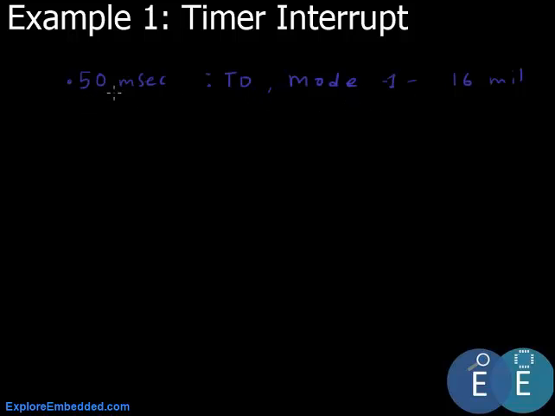In order to use a timer, we need to configure the TMOD register, and for timer 0 mode 1, it would be 0x01. Next we turn on the timer and load TH and TL with the respective values. To generate a delay of 50 milliseconds, we load the appropriate values.